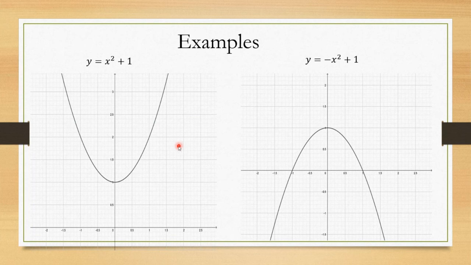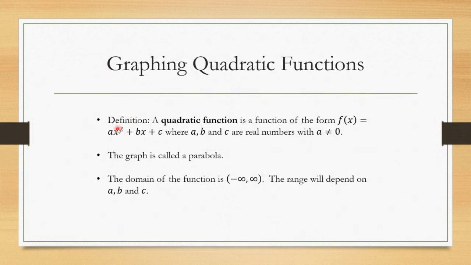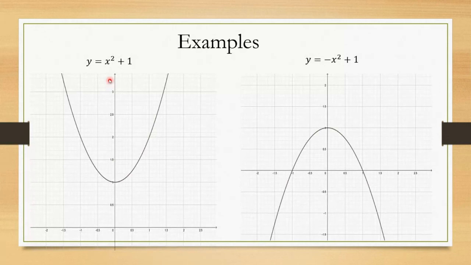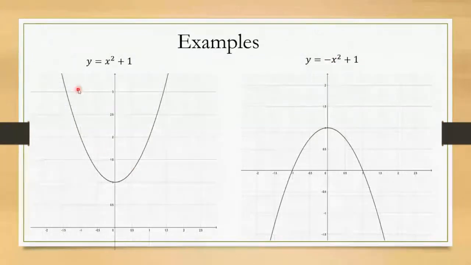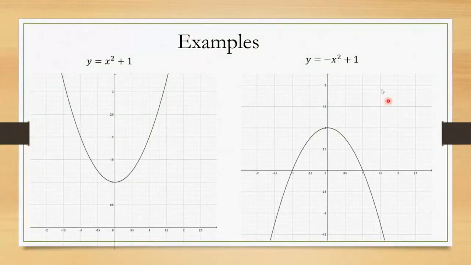Notice here also that the a is 1. Remember, a is the coefficient of x squared. If it's not written, it's understood to be 1. Whereas here it's -1. When a is 1, the graph is pointing up, as you can see here. Here it's pointing down.